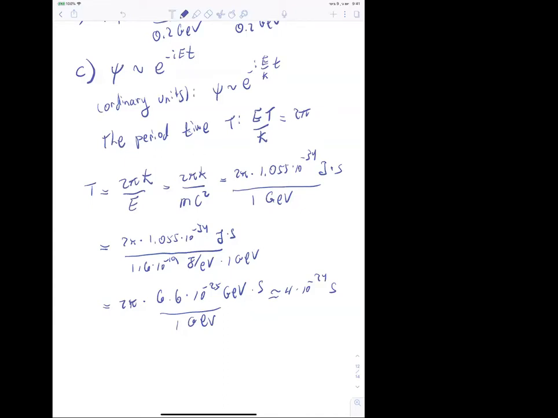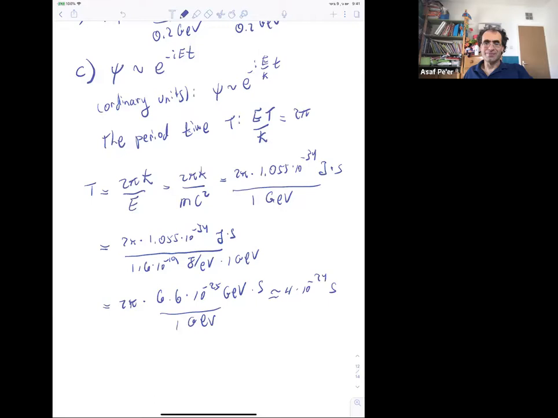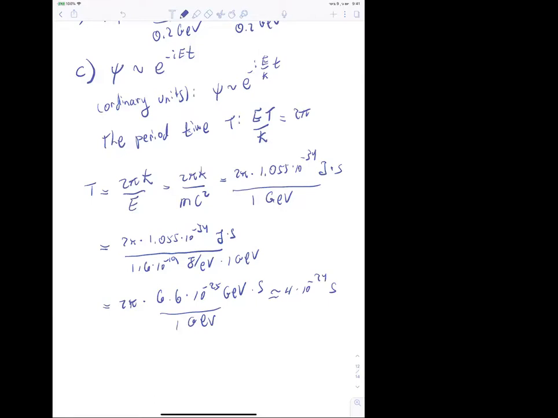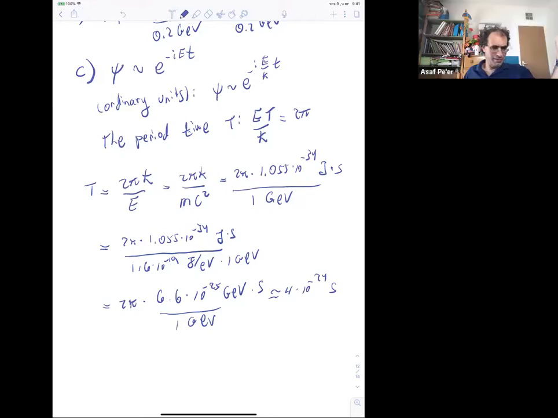In natural units, wouldn't it just be 2 pi over 1 GeV? So basically 2 pi GeV to the minus 1. Actually, that's exactly it.